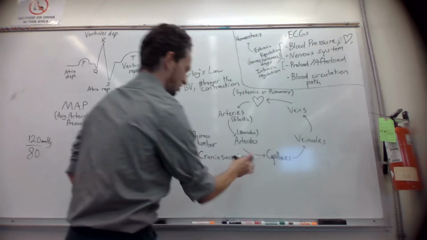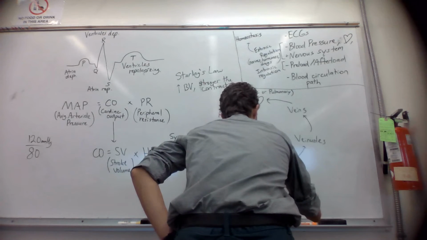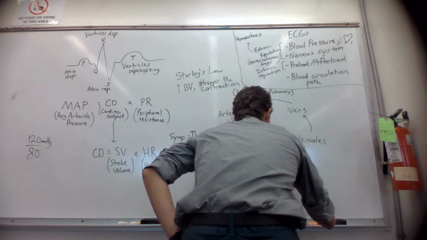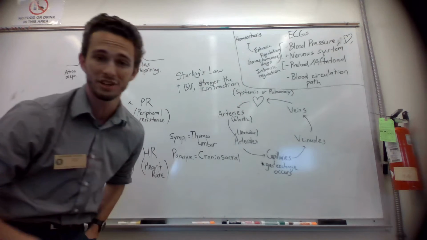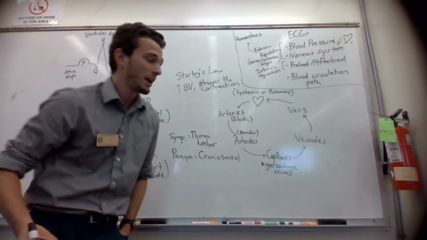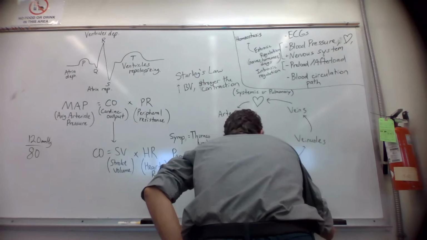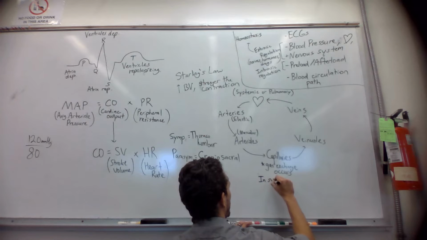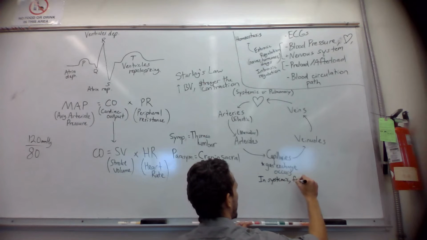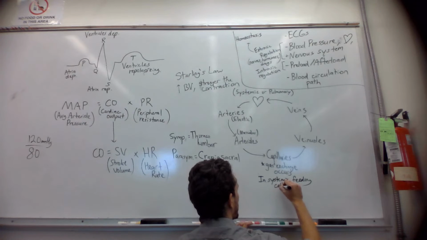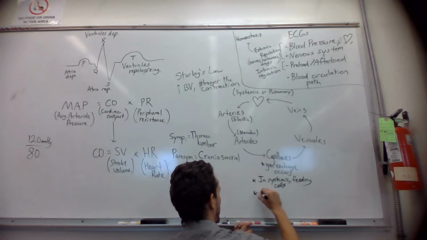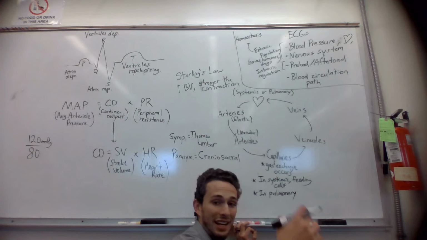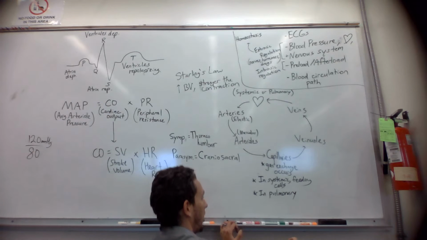Once it gets through the arteries to the arterioles, which literally means tiny artery, it's going to go to the capillaries, and this is where the action happens. This is where gas exchange occurs. So you're feeding your tissues with oxygen and nutrients if it's in the systemic circulation. But if you are in the pulmonary circulation, you are going to be getting oxygen back into your cells at your lungs.